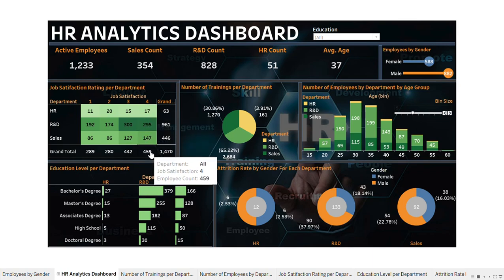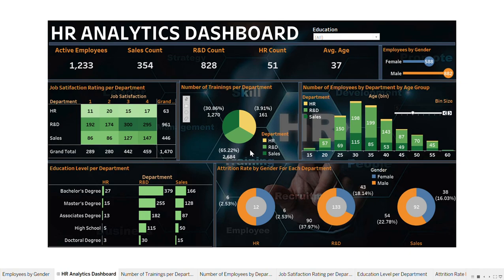So you as the HR, you'll be able to know the rate of satisfaction of your employees, and probably you come up with strategies or activities or enhancements that will improve the job satisfaction of the employees in your company.